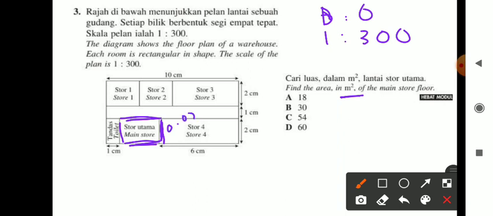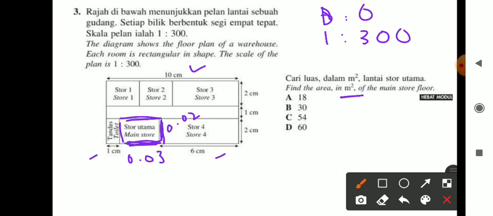Okay, change it to 0.02 first. And what about the length? Okay, the length, 10 minus 6 minus 1, tinggal 9, tinggal 3 cm. 3 cm is 0.03.